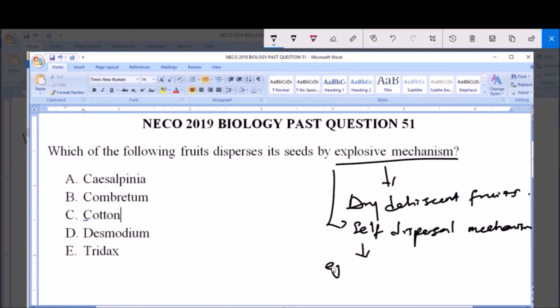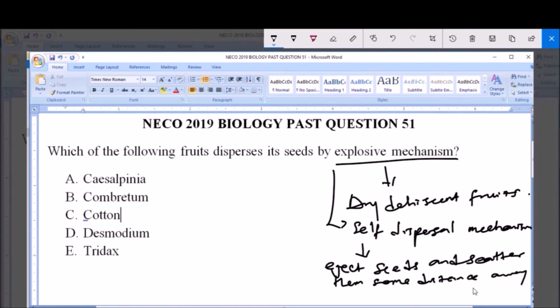So it simply involves what? It ejects the seeds and then scatters these seeds some distance away from the parent plants.